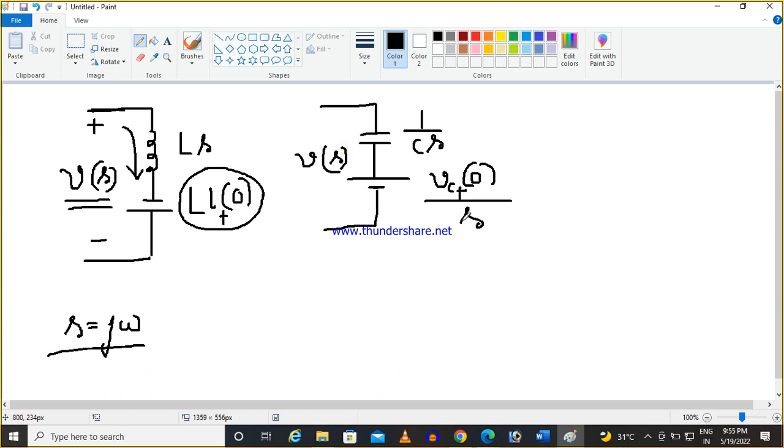Now you see this voltage will add up with the source voltage and it will increase the current through the circuit.